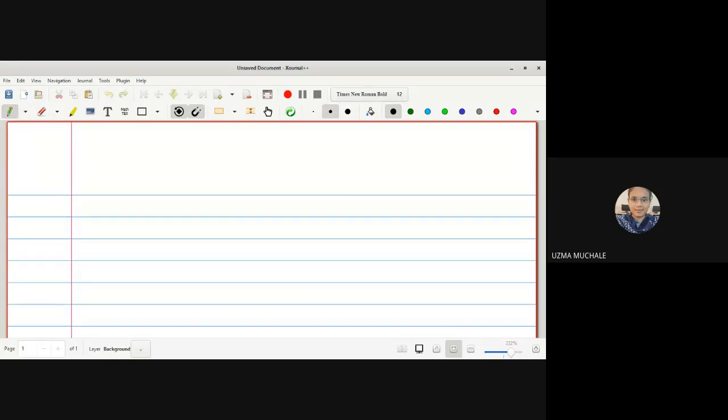Whatever notes I prepared earlier, I kept in the university. I did not know that there would suddenly be a lockdown. So I am preparing new notes, and I will not be able to share them. You have to prepare your own notes by seeing your recommended books and searching online.